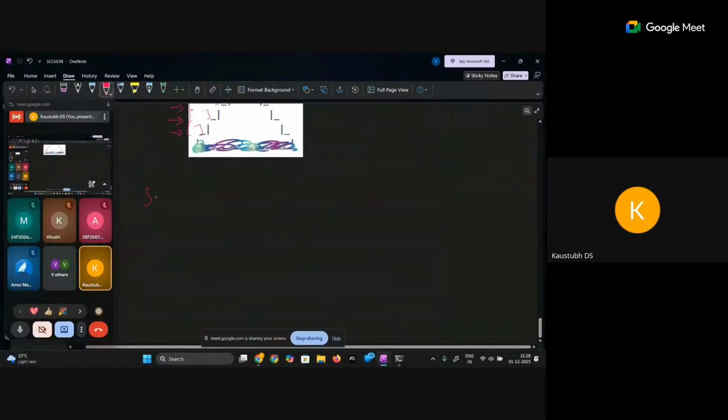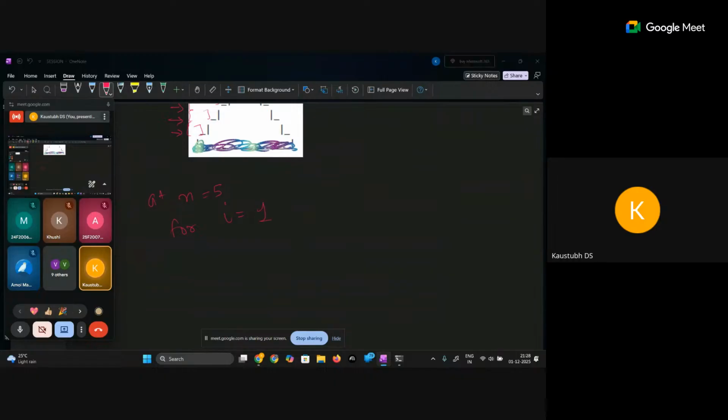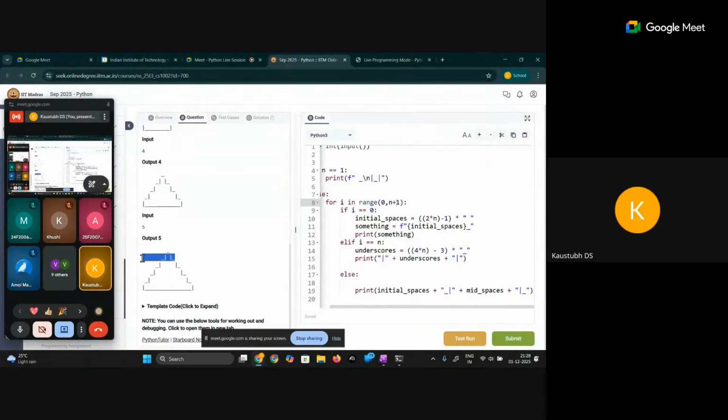Okay, at n equals 5, for i equals 1, the second line is i equals 1, correct? Yeah, sir. Okay.